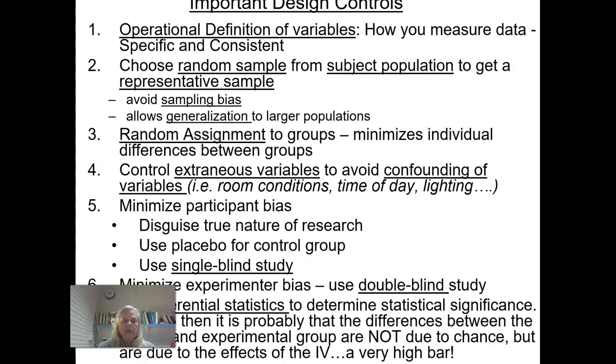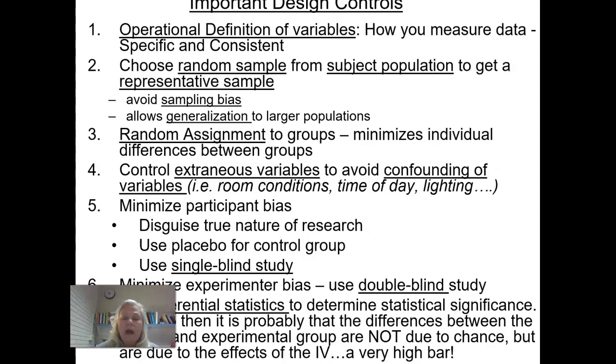So if the probability, what we call the p-value, is less than 0.05, then it is probable that the differences between the control and the experimental group are not due to chance, but are due to the effects of the independent variable.